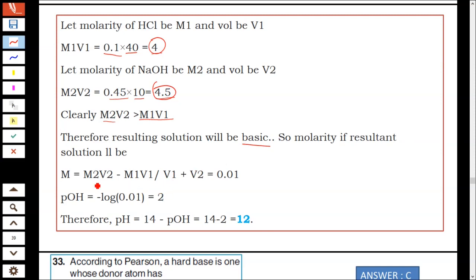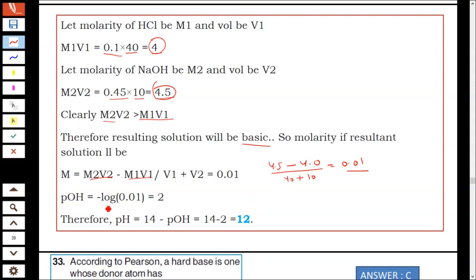So the molarity of the resultant solution is given by the formula (M2V2 minus M1V1) divided by (V1 plus V2). If you substitute the values, M2V2 is 4.5 minus M1V1 is 4, divided by V1 plus V2, that is 40 plus 10, which is equal to 0.01.